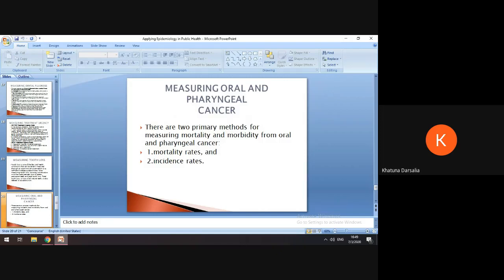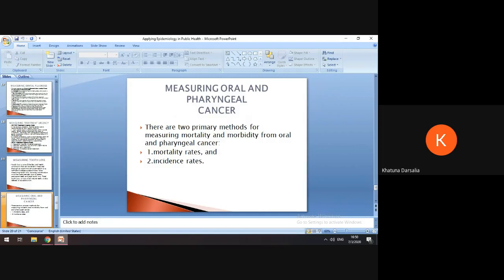You can read there. Information for the calculation of cancer incidence rates is obtained through a network of local and state cancer registries that receive reports of new cancer cases from physicians and hospitals. 18 such population-based cancer registries, including American Indians in Arizona and so on, participate in the Surveillance, Epidemiology, and End Results program, which is conducted by the National Institutes of Health, National Cancer Institute.